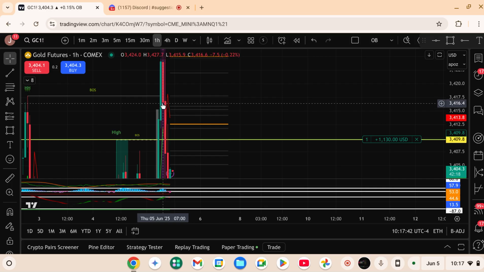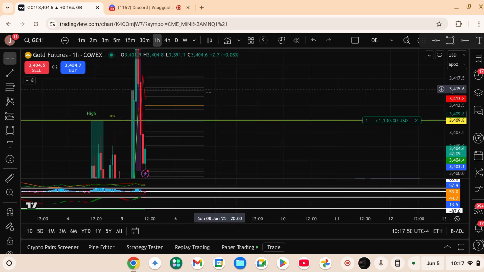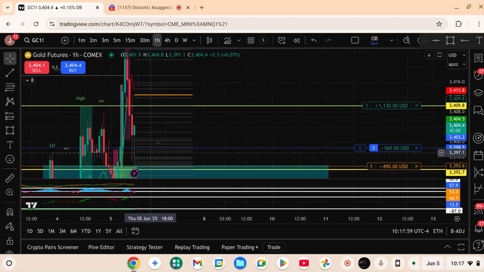That's like a resistance area that it will be targeting. So we're up 600 if you're in this trade.